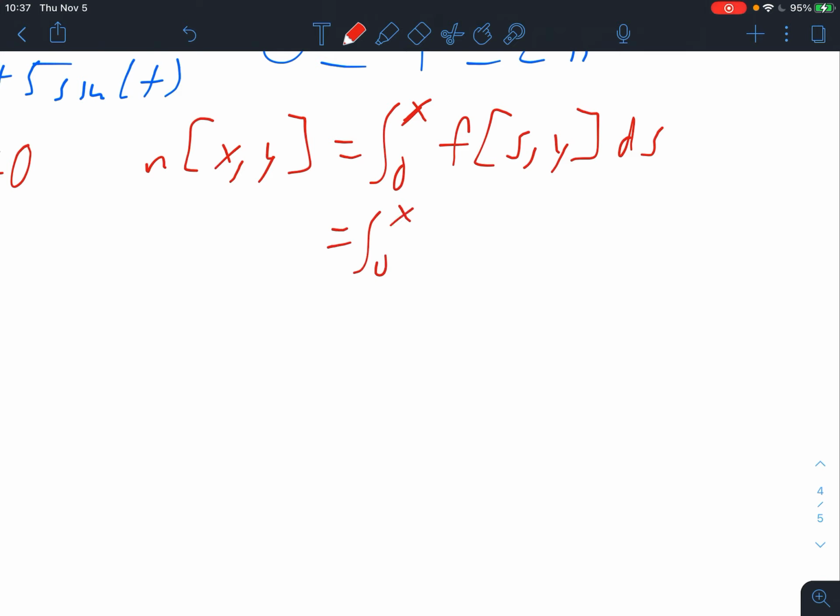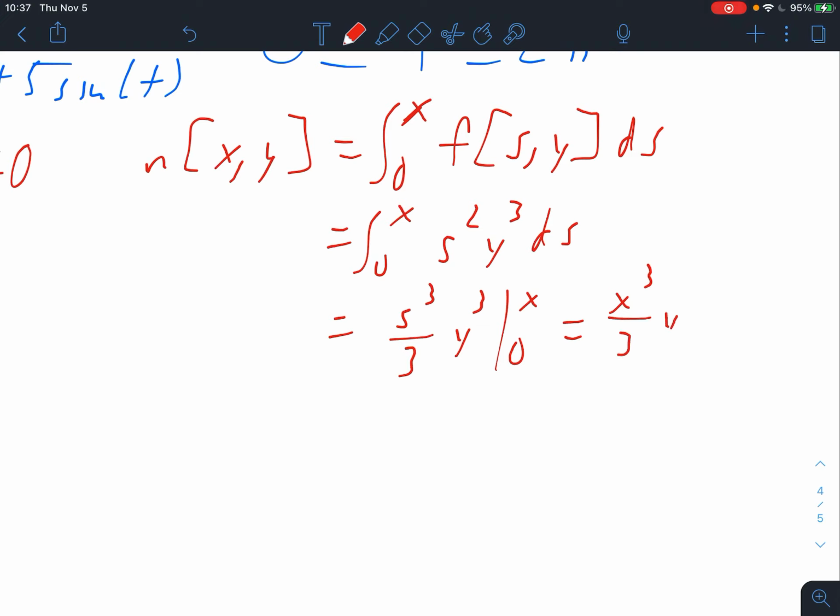The integral from 0 to x, f of sy, basically we're just putting s in for x into the f function. So that would be s squared y cubed ds. If we integrate that, we get s cubed over 3 y cubed from 0 to x, which is x cubed over 3 y cubed minus 0. So finally, we can say n of xy is x cubed y cubed over 3.